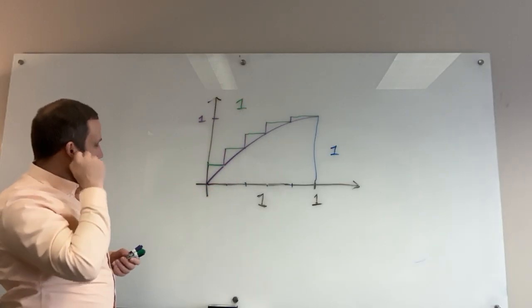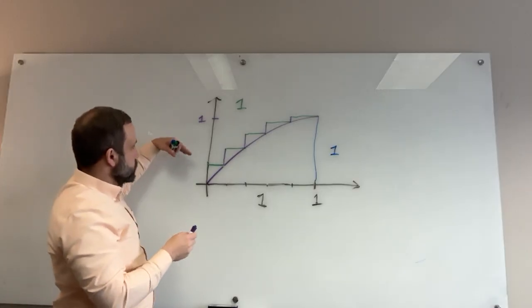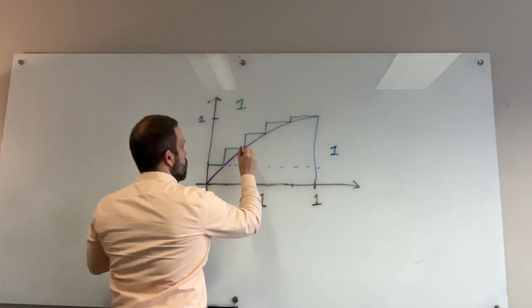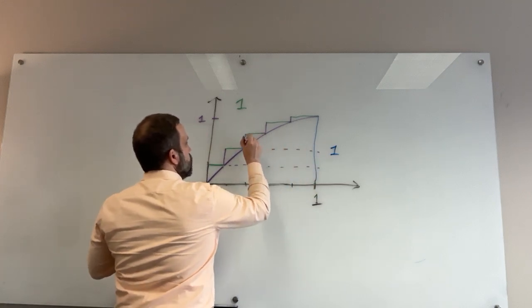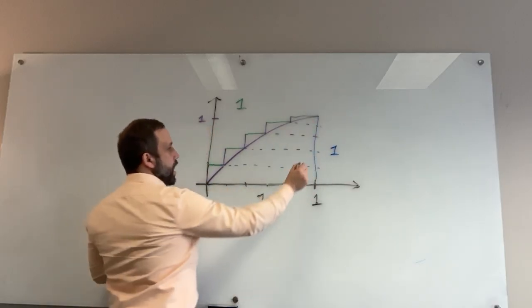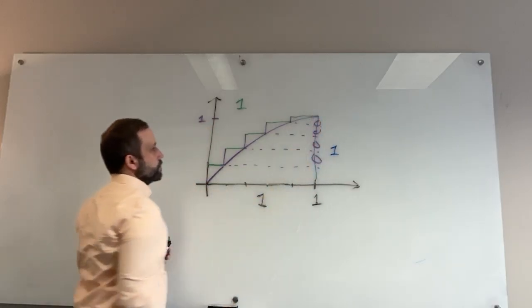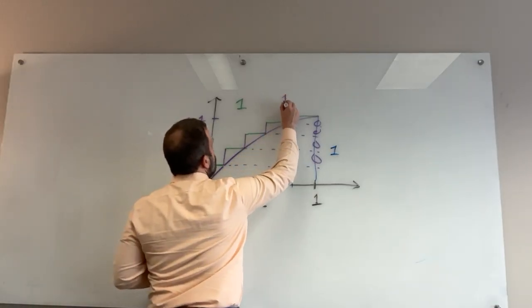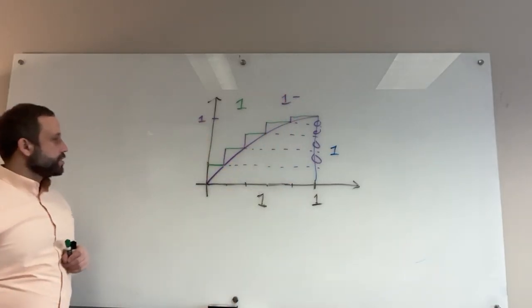The purple ones are on the side here, and if we extend them over here, and this one gets extended like this, and so on and so forth, they're going to add up to whatever that adds up to be. And that's going to be 1 minus something small.